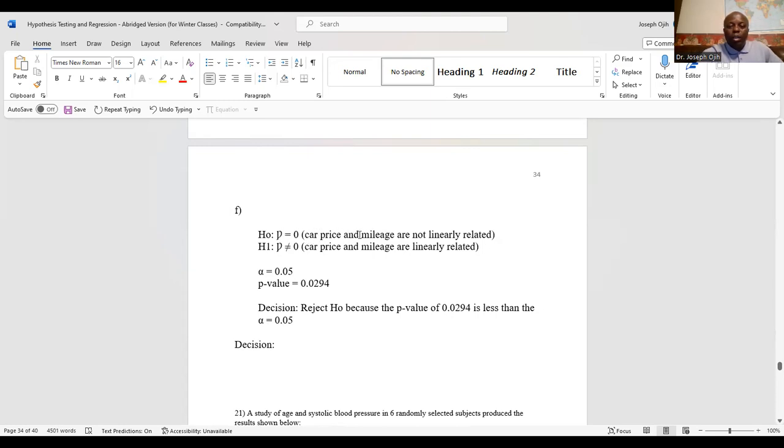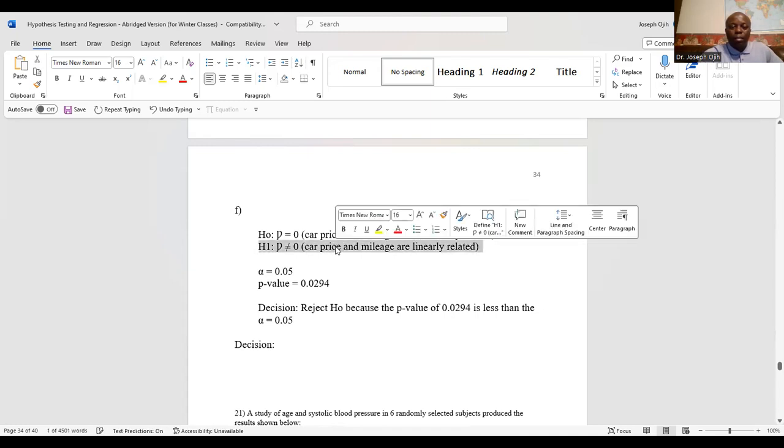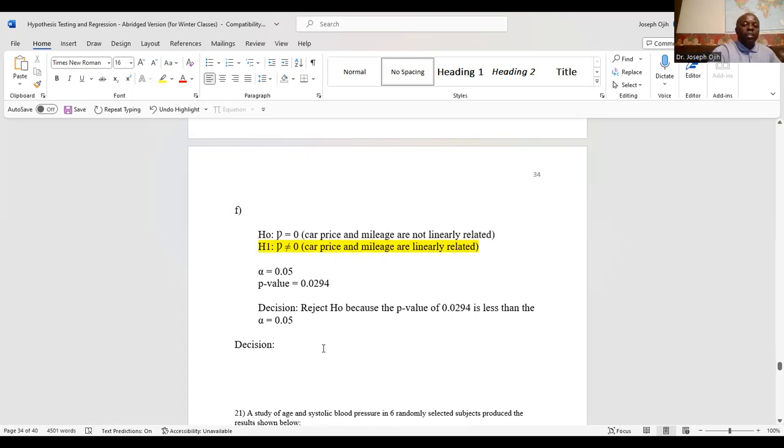We rejected the null hypothesis, which is this one. That means we're accepting this one, so the car price and mileage are linearly related.